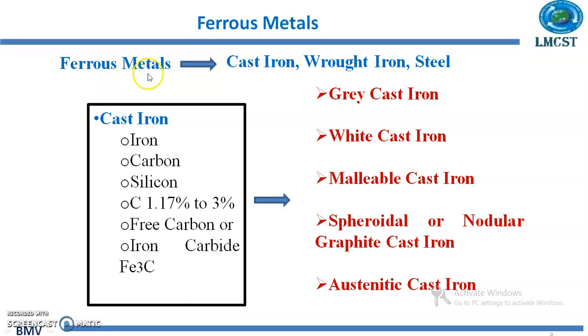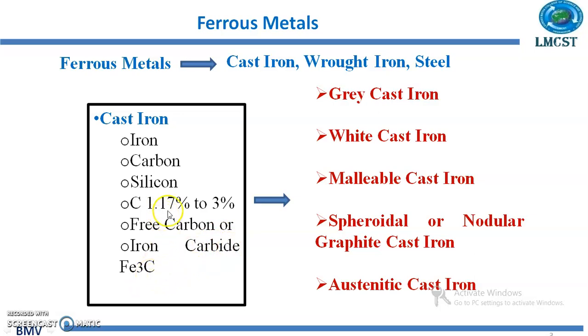In ferrous metals, iron is the major constituent, and the classifications are cast iron, wrought iron and steel. Cast iron is an alloy of iron, carbon and silicon. Carbon content varies from 1.17% to 3%, and the carbon exists in the form of free carbon or iron carbide, that is Fe3C.